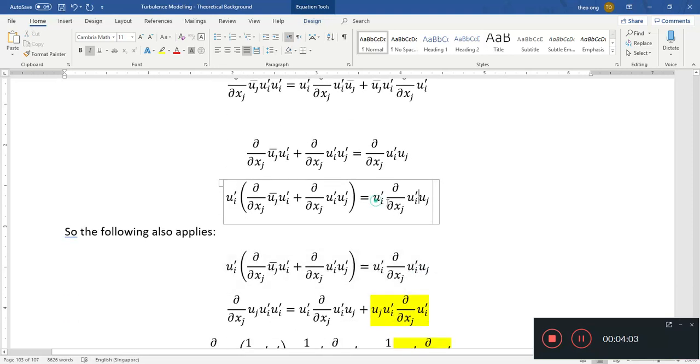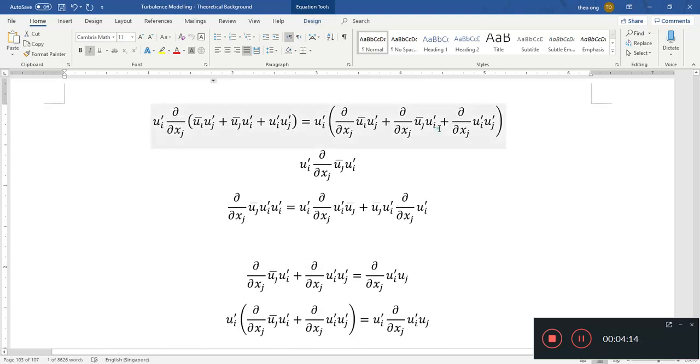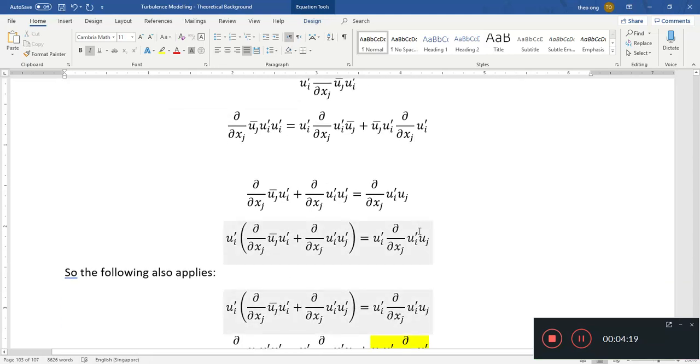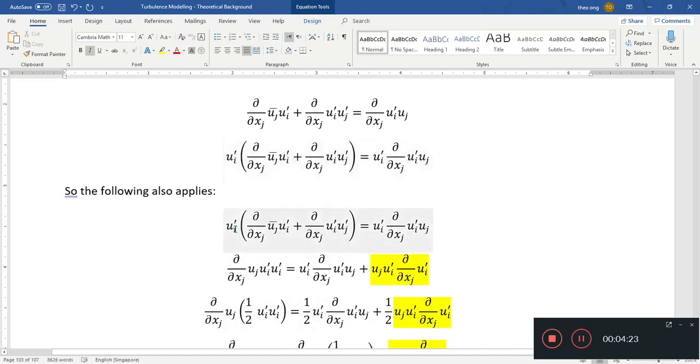So doing so, yeah, we can try to get some form of subgrid scale kinetic energy. So what we have is this term. When we combine this term and this term, combine this term and this term, and what we get is over here, and we try and combine this term in here, so resulting in this term over here, this del by del xj, uj, ui prime.